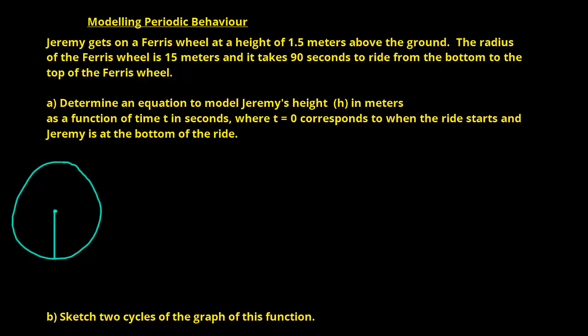So remember that when you graph periodic functions they have the following properties. If we model using a sine curve, we have that y is equal to a times the sine of k times x minus d, plus c. And the same thing if you were to use a cosine curve, we'd have that y is equal to a times the cosine of k times x minus d, plus c.